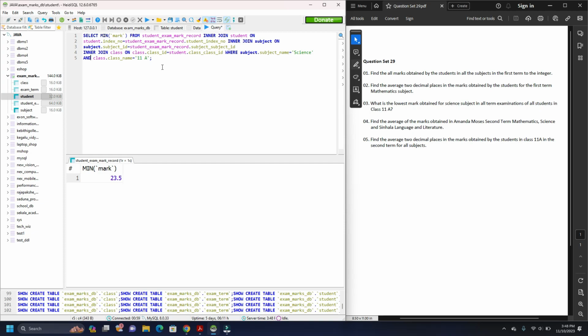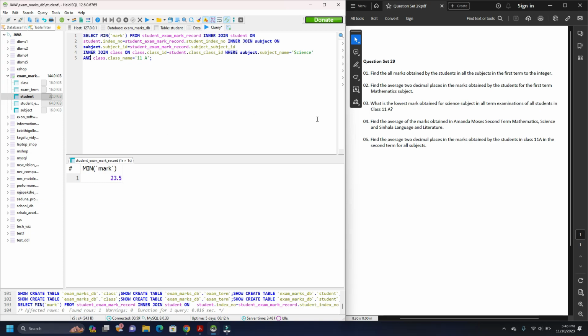Let's go ahead and see the result, and there you go, the minimum mark for science subject in all term examinations of all students in 11A is 23.5.